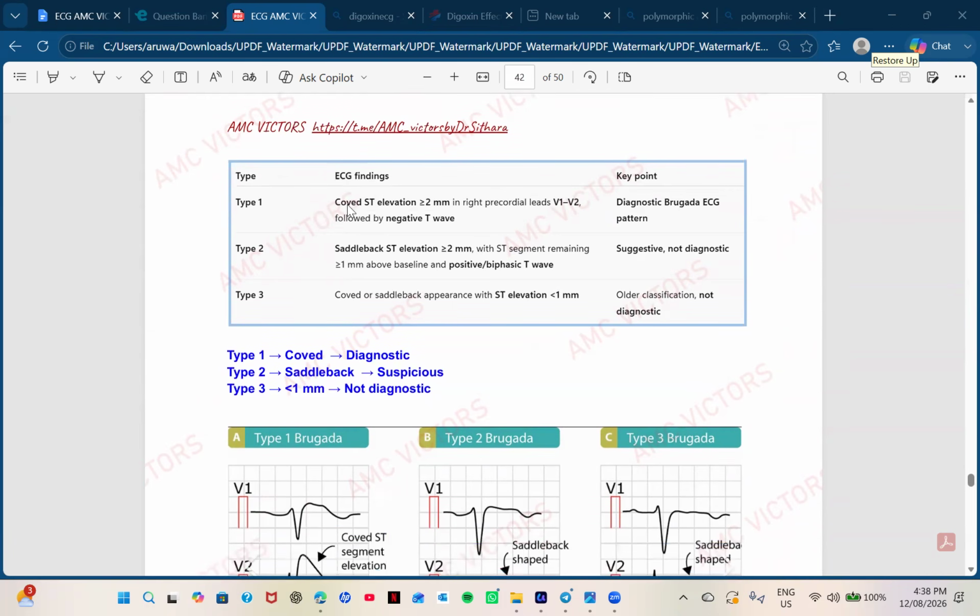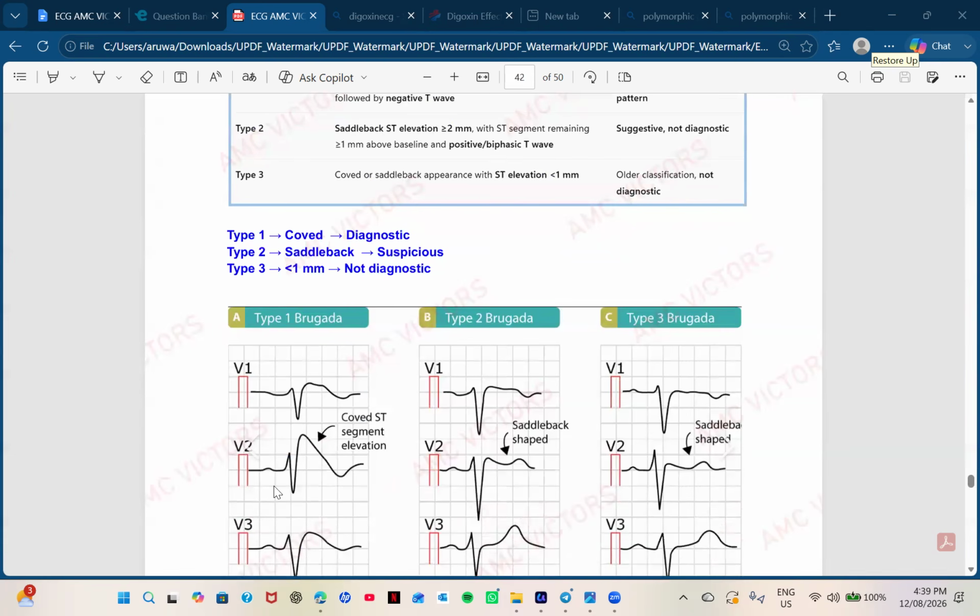You can see the coved ST elevation. Can you see? Coved ST segment elevation, right? It has a shape like this. Can you see the pattern of the ST elevation? That is very important, so this is the diagnosis.